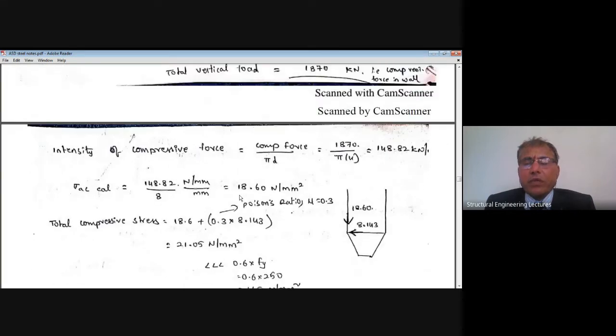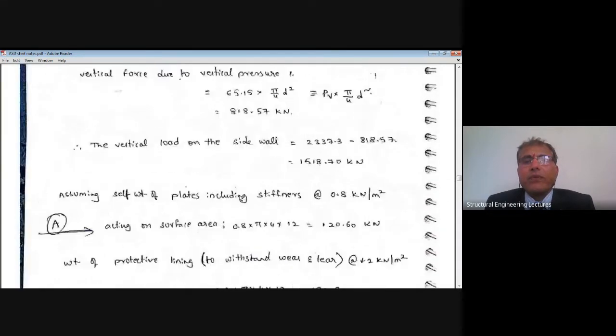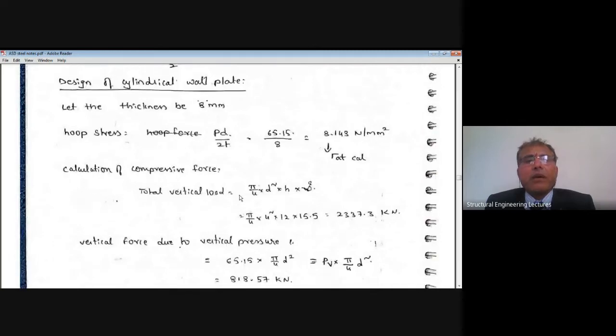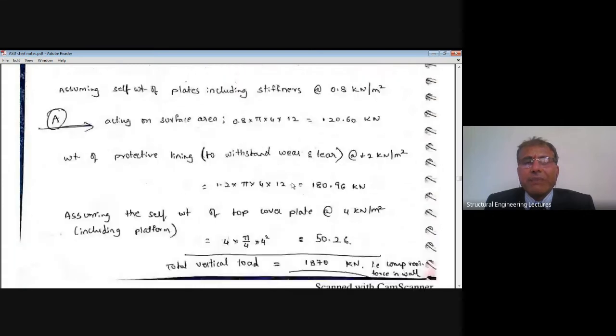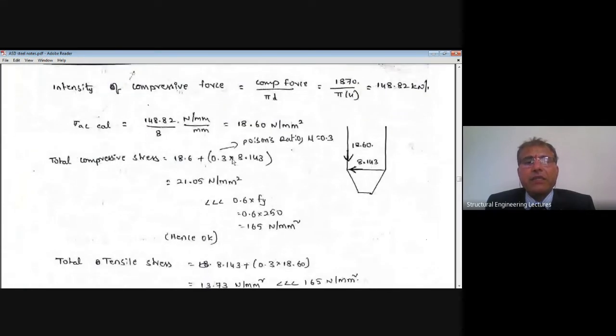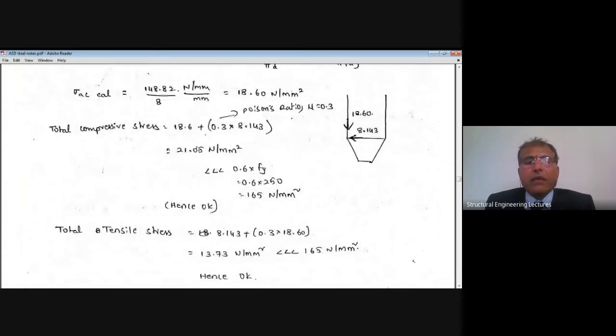Therefore, that gives 21.05. You please see this. This is the hoop stress 8.143, a tensile stress sigma at cal. Then the total compressive stress is now 21.05, which is much less than the basic value itself, 0.6 fy, 165. Even if you assume slenderness ratio maybe 20 or 30, the permissible value will in such a case be less than 165, but much greater than 21.05.